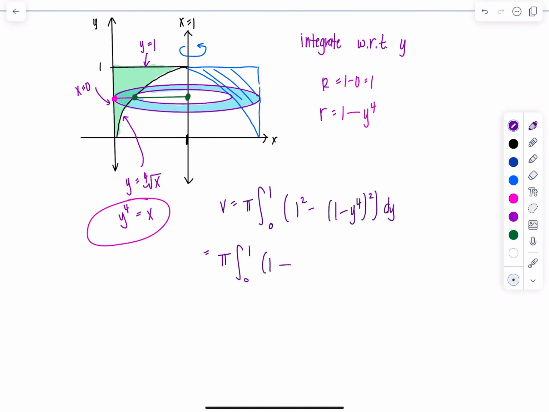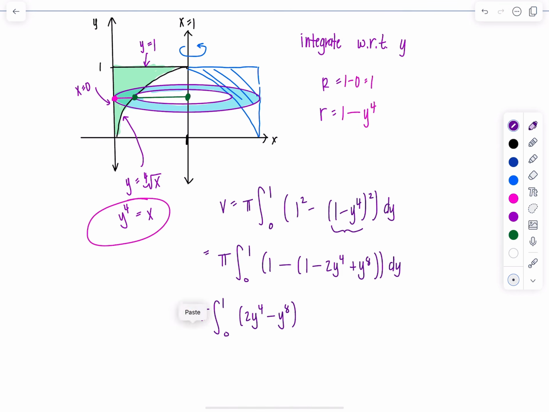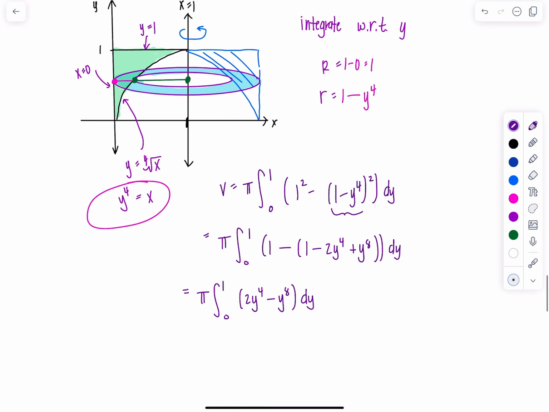This is 1 minus, let's multiply all this out. That's 1 minus 2y to the 4th plus y to the 8th dy, which is pi times integral 0 to 1. These ones cancel. Now I have positive 2y to the 4th minus y to the 8th dy.